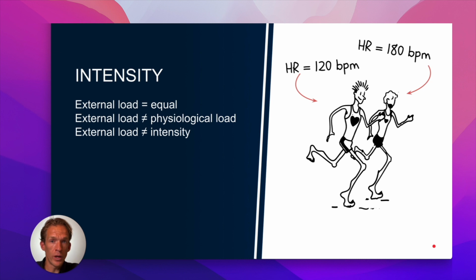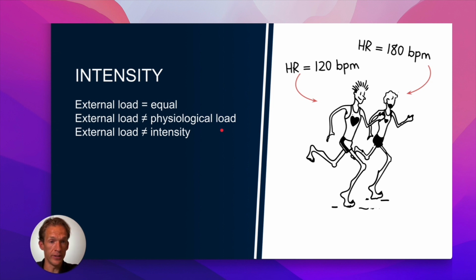One of the reasons why heart rate is a better measure than, for example, running speed, if you want to set the intensity, is because in this example you can clearly see that if you let two people run at the same speed, it's not by definition the exact same physiological load. For example, if you take a very tall person and let that person run with a very small person, then the actual intensity physiologically is different even though they run at the same absolute running speed.